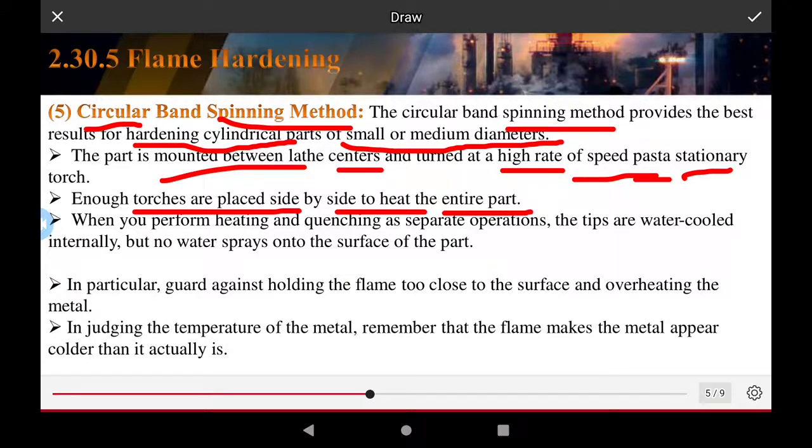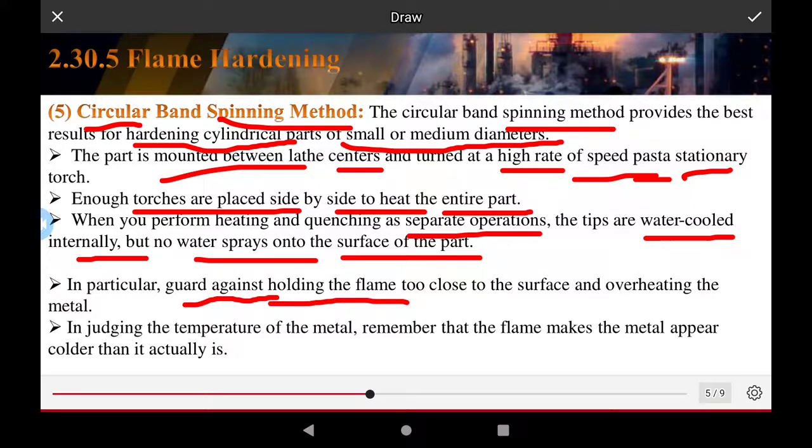When you perform the heating and quenching as separate operations, the tips are water cooled internally, but no water sprays onto the surface of the part. Guard against holding the flame torch too close to the surface and overheating the metal. Adjust for the temperature of the metal, and remember that the flame makes metal appear colder than it actually is.